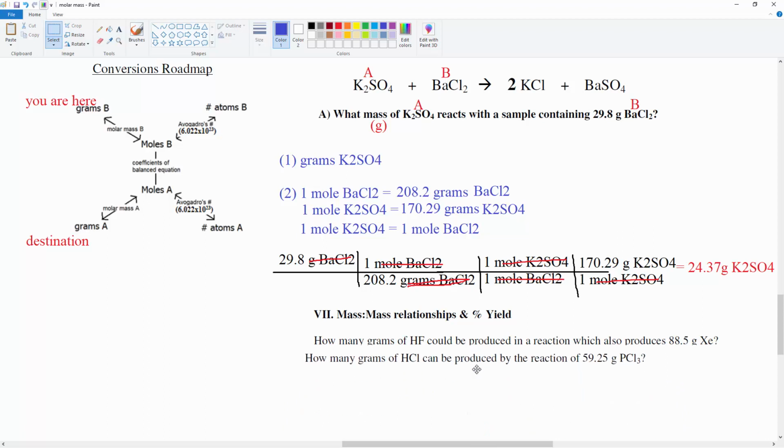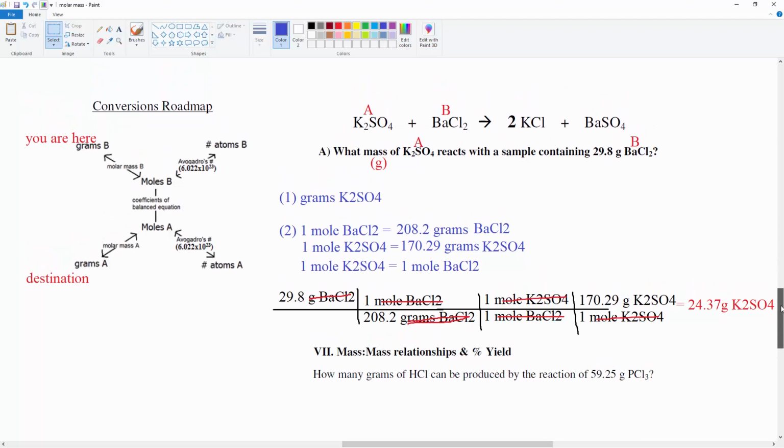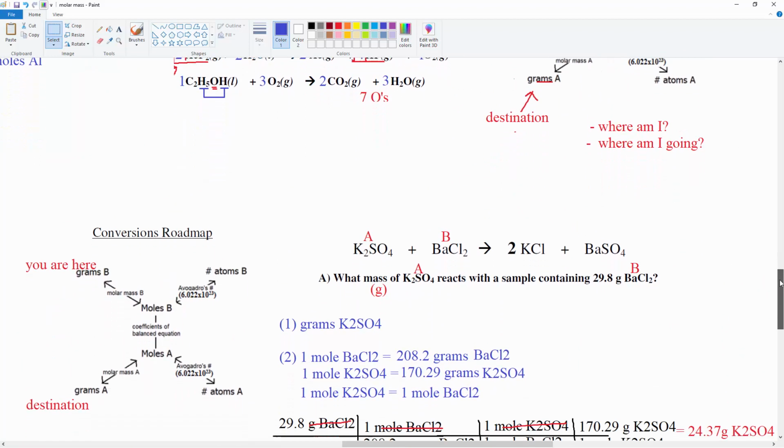Okay. We're just going to do this one. So, how many grams of HCl can be produced by the reaction of 59.25 grams of PCl3? Again, this is from your worksheet. And so, in order to answer this question, we're going to need this equation, right? That's on your worksheet.